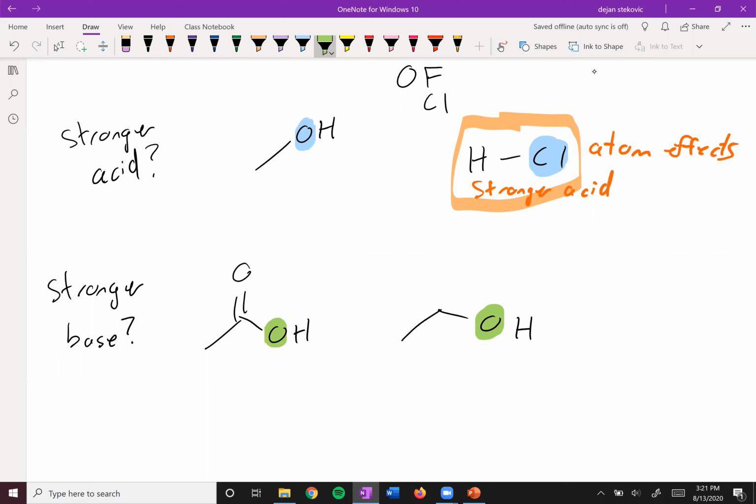Whereas this oxygen here would get a negative charge, but it would then be in resonance with this other oxygen. And so we've delocalized the negative charge. And so the one on the left is going to be more stable in its negative charge, which means it's going to be the stronger acid, because it has more resonance structures.